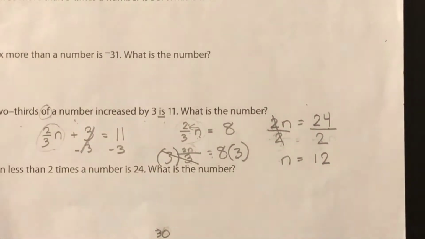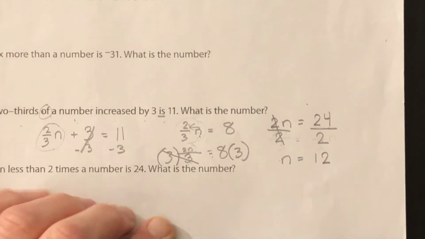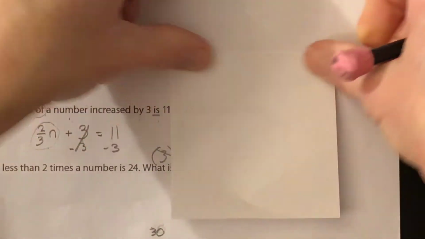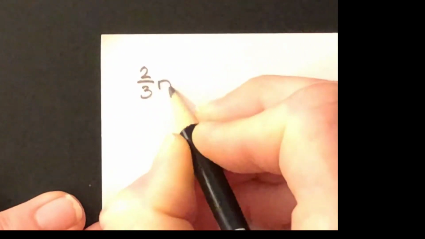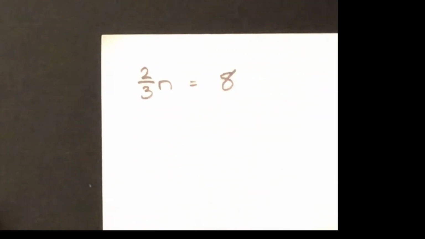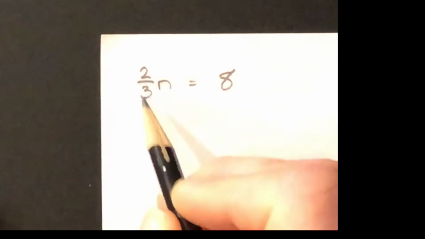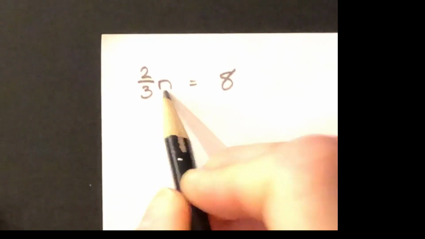There is another common way to solve an equation like that. If you have 2/3 n, the goal would be to get rid of the coefficient so that this is just 1n.